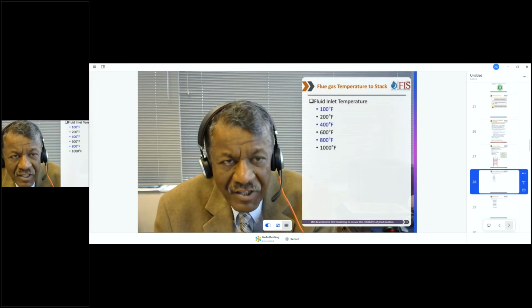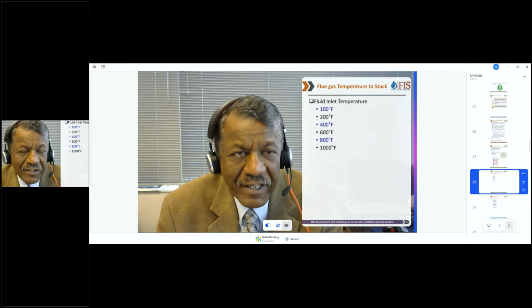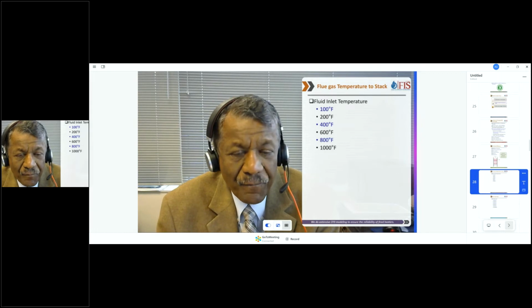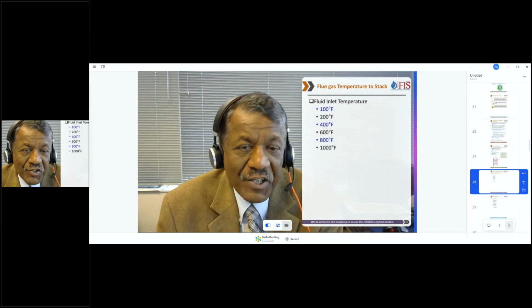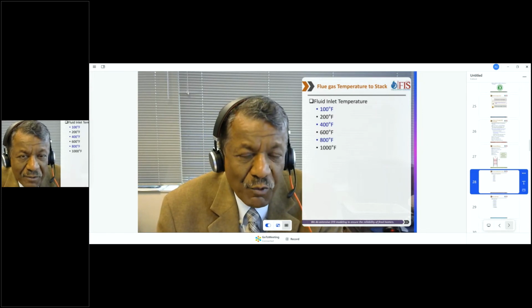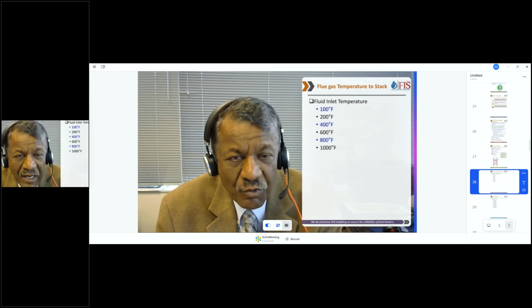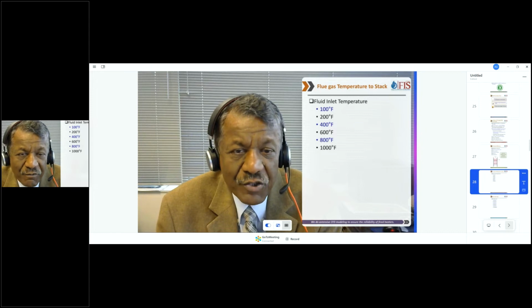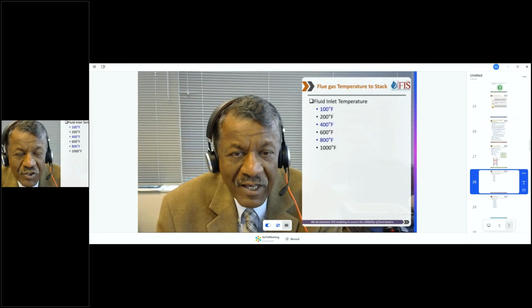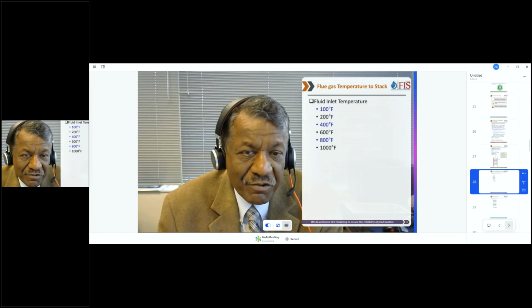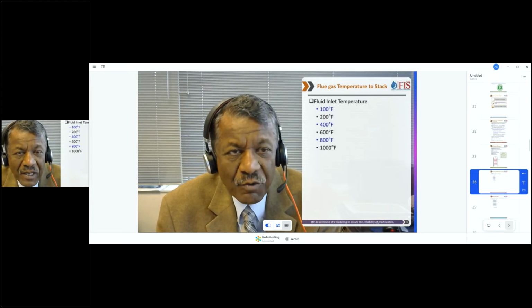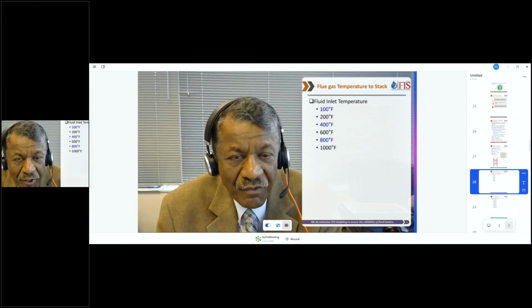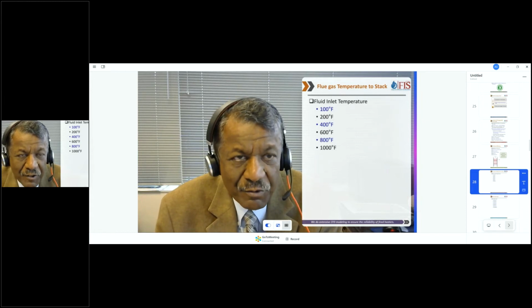So I have given here 6 different cases, and for basic heat transfer to occur, the flue gas temperature has to be higher than the feed temperature or the fluid temperature, because heat transfer requires a driving force. So in order to do that, my flue gas has to be higher than fluid. That's the number 1 rule.